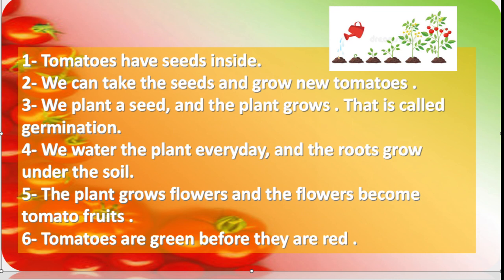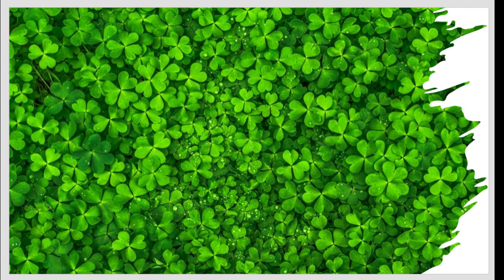Do you think that I can eat a tomato when it is green? I don't, because when it is green, the taste is not as good as when it is red. When it is red, I know that it is good to eat. That's right.